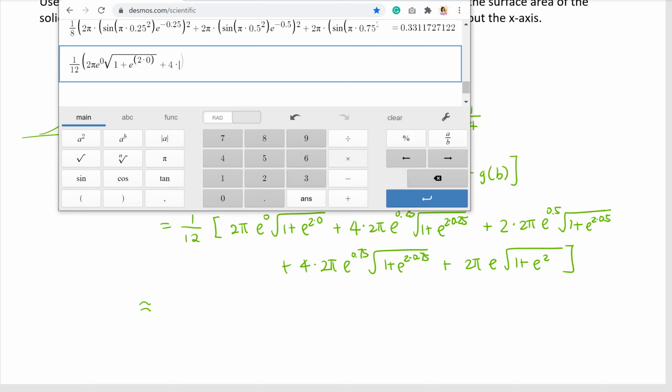4 times 2 pi e to the 0.25, and then here 0.25, and plus 2 copies of that, and then we have 0.5, 0.5. You see what we're doing?